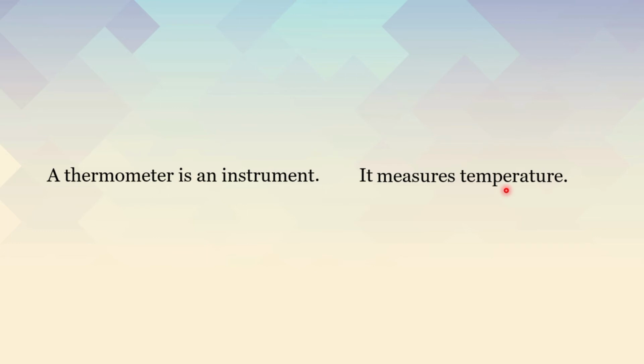You can see that the second sentence gives vital information about thermometer. So we can join or combine the 2 sentences in the form of a definition using a defining relative clause.